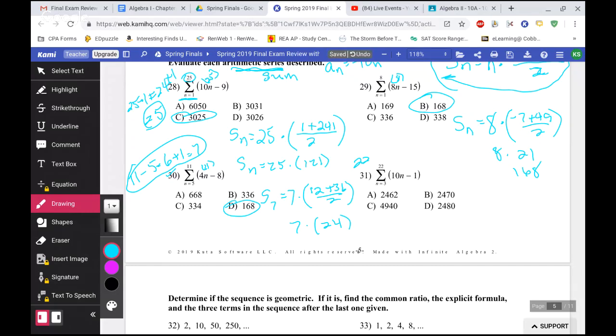All right, so to find the number of terms in the summation series they're asking about, you take the top number, subtract 3, which is going to be 19, then add 1, and you get 20.